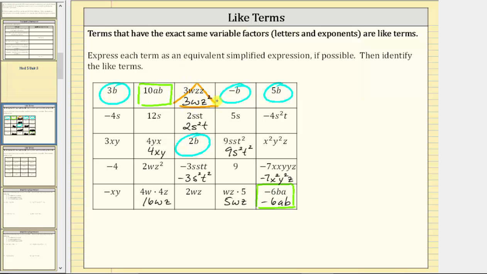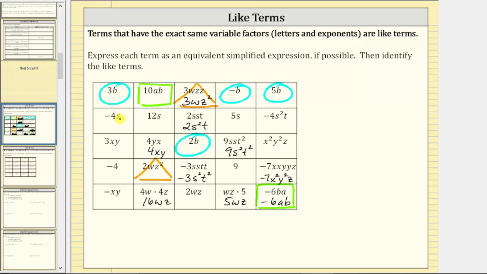Let's see if we can find all the terms that have exactly one factor of w and two factors of z, which will all be like terms. 2wz squared is a like term with 3wz squared. There are no other terms that have exactly one factor of w and two factors of z. These two terms are like terms.